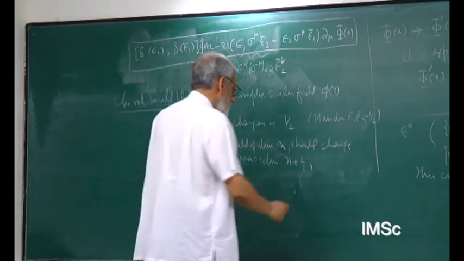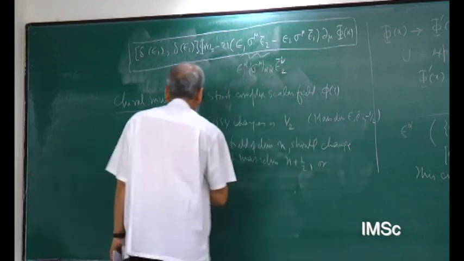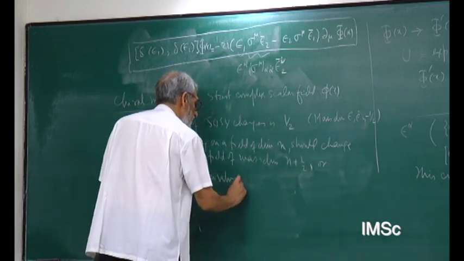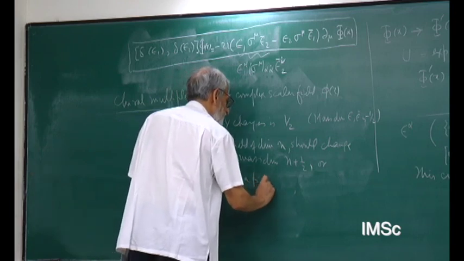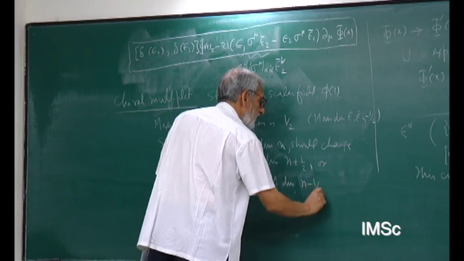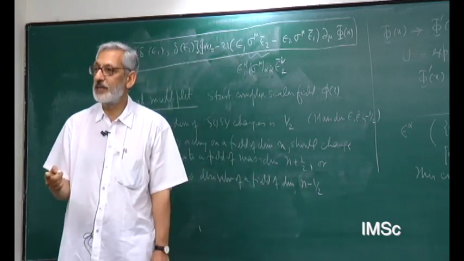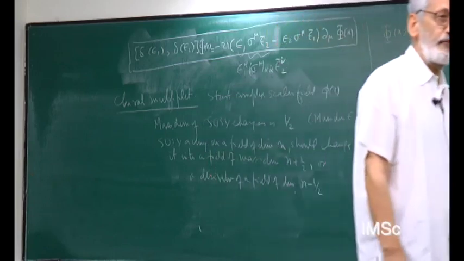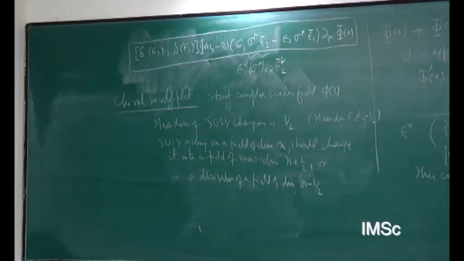It could also change into a derivative of a field of dimension n minus half, because a derivative has a mass dimension plus 1. Is that clear?